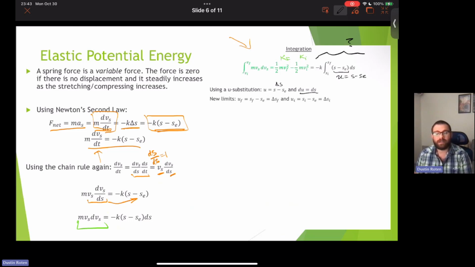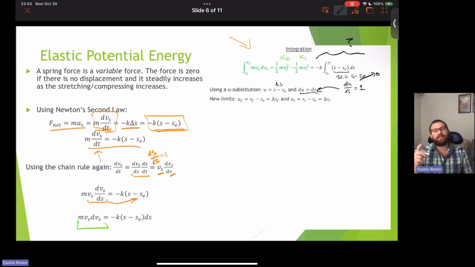So I'm going to say u equals the stuff inside. I need to take the derivative of u, so that's du ds. The derivative of s is just 1, and s_e is a constant, so the derivative of that becomes 0, and I'm left with du ds equals 1. I can multiply the ds over, and that's how I get this statement, du equals ds.